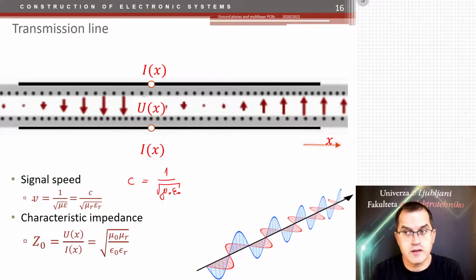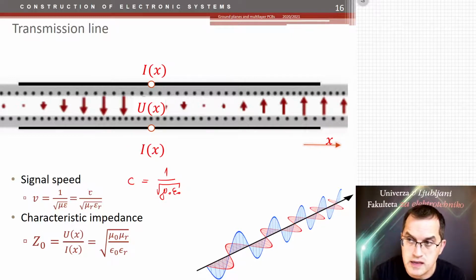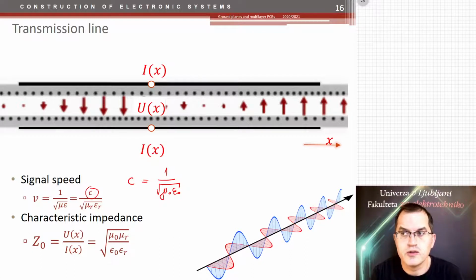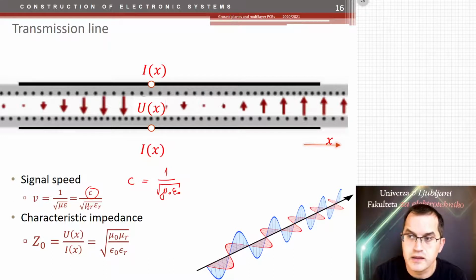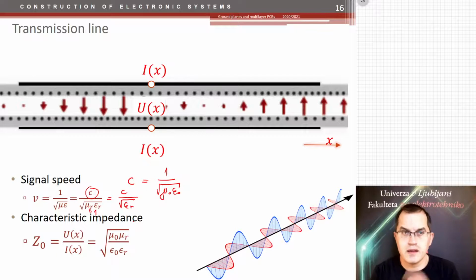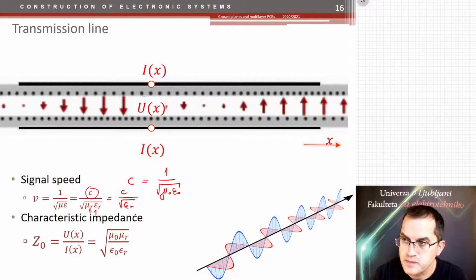So the speed of the signal propagating below that transmission line is the speed of light divided by the square root of two main constants of this dielectric material, the permittivity and permeability. Usually the relative permeability is 1, which would then lead to c over square root of ε relative. That would be the case for PCBs because μr is 1.